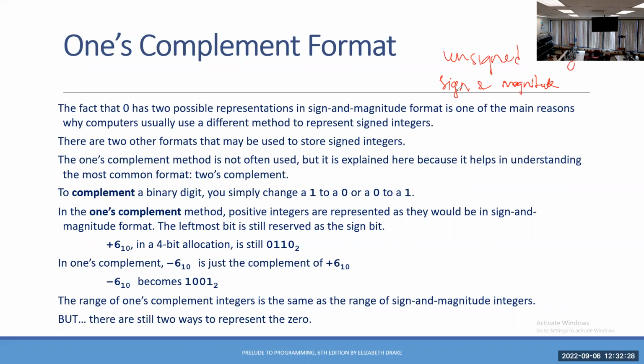Now, you have another type to represent the integer in the computer. It's the one complement format here. They try to solve the problem of the 2 ways to represent number 0. So with the one complement format, when you work with a positive number, it works the same.